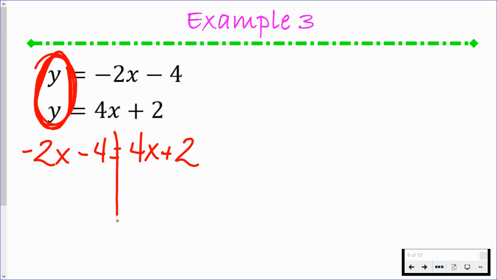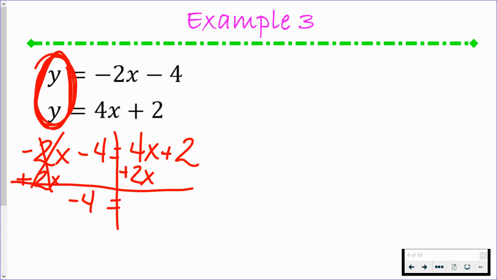Now I'm going to move one of the variables to the other side. I'll add 2x. Negative 2x plus 2x cancels out. I have negative 4 equals 4x plus 2x, which is 6x, plus 2.